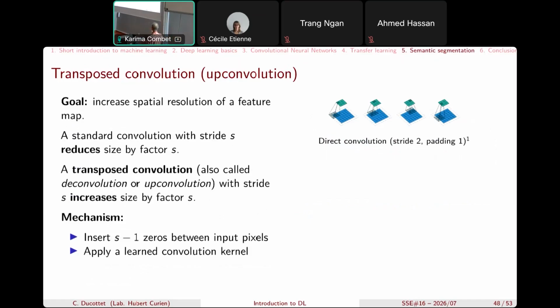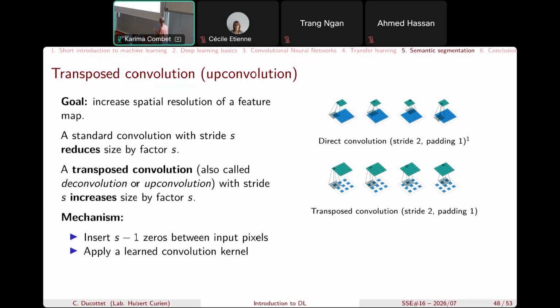So how can we do that? We could do that with a tool called transpose convolution or up convolution. If we go back to normal convolution, this is a direct convolution. Remember that we put a filter and we move this filter across the image to have a value for each position of the filter.